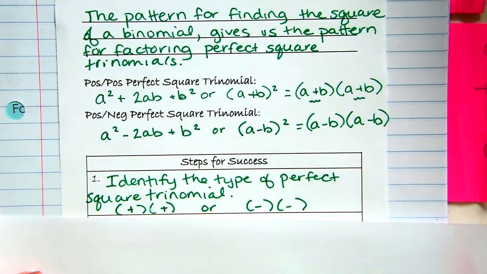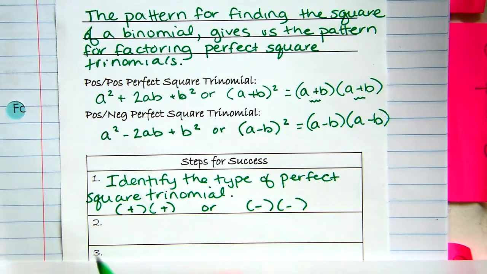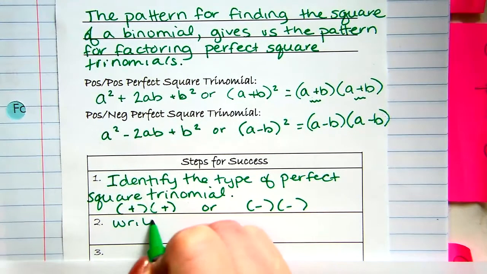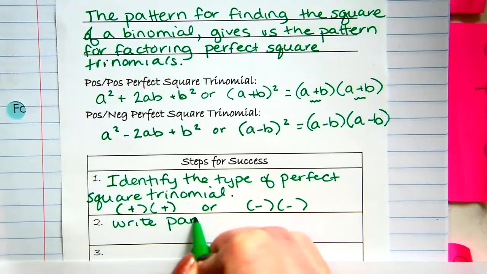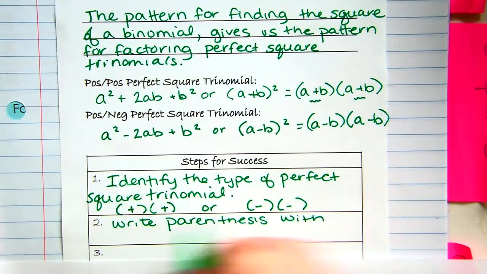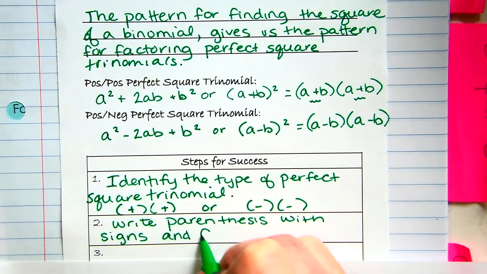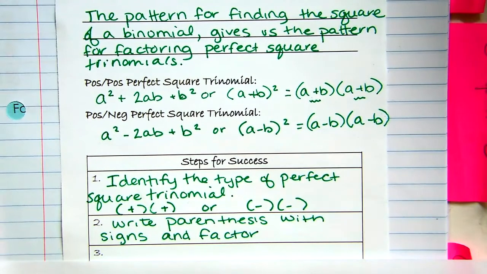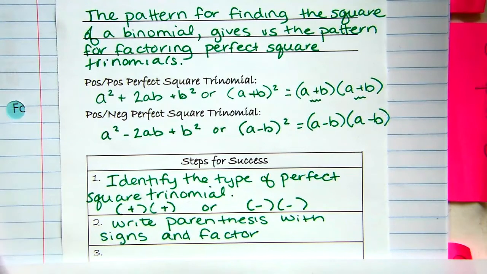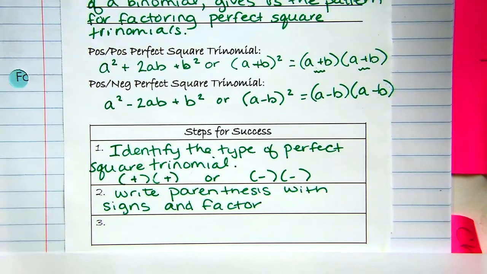Next, we're going to write our parentheses with the signs, and we're going to factor. Lastly, we're going to double check our answer using the box method or the FOIL method.